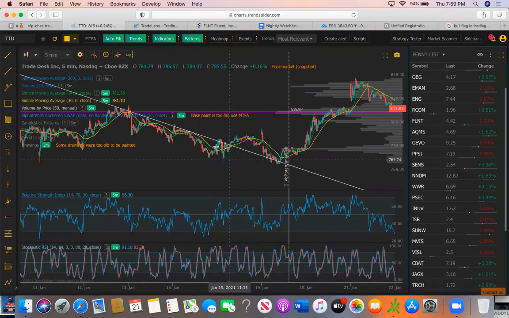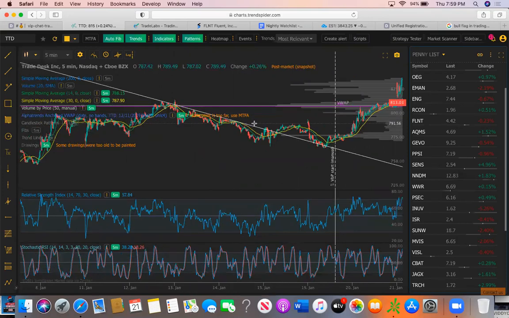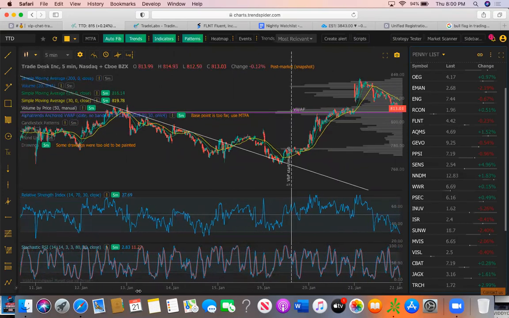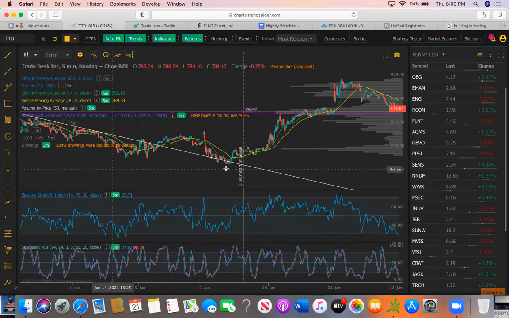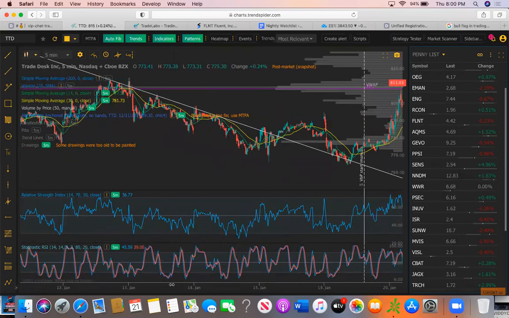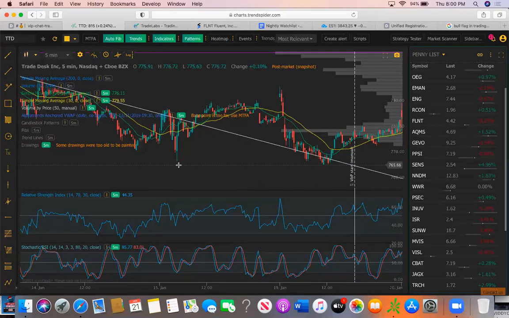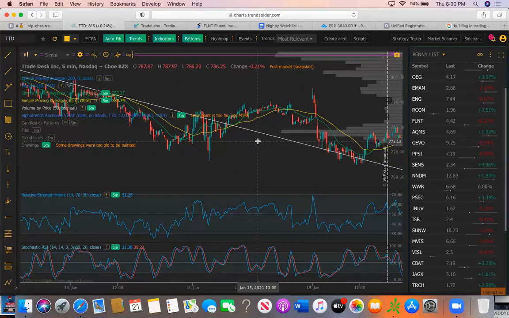Trying to find it in here. I think it's right here. Actually, I don't think it is. So I want to try to show this pattern here, but I can't find it. Basically, I'll show the setup that it is.